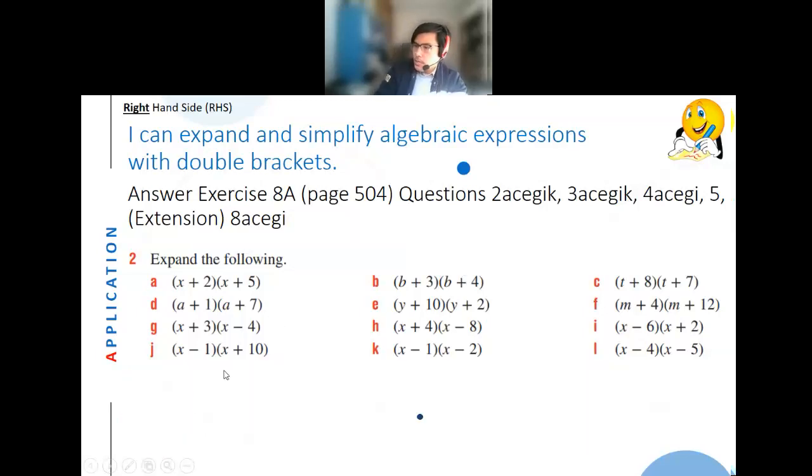Moving on to I. So we have x minus 6 times x plus 2. So x minus 6 at the top, and x plus 2 down the side.